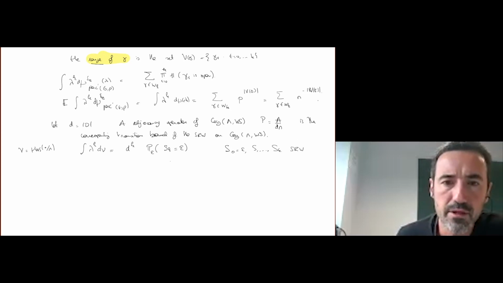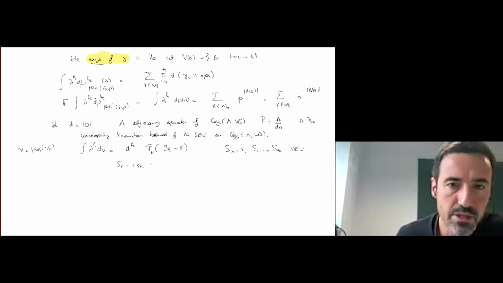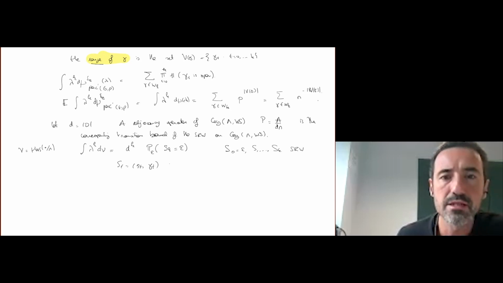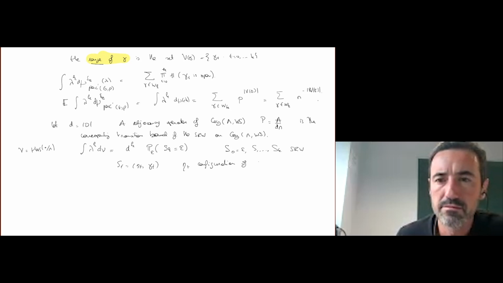So S_0 is epsilon, S_1, up to S_k is a simple random walk on this group. We can write S_t as a pair formed by a configuration and a position: eta t is a configuration of lamps, and gamma t is the position of the lamplighter at time t.